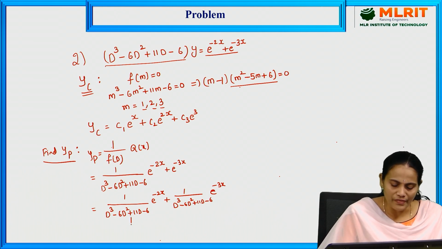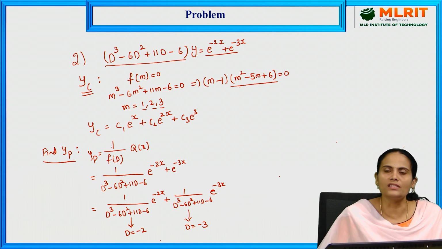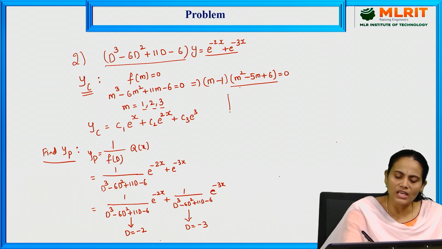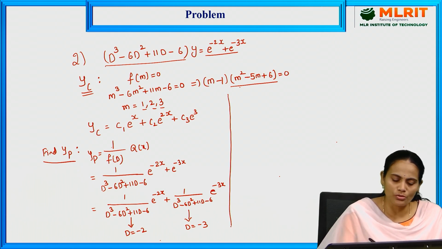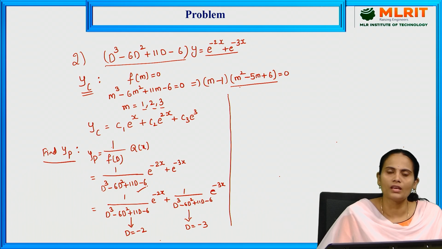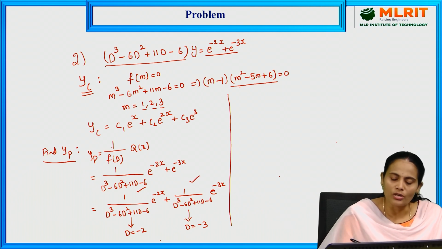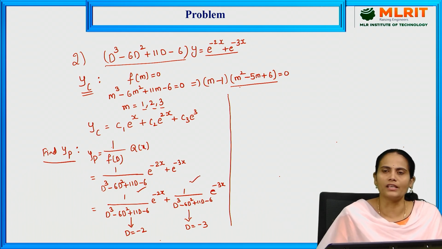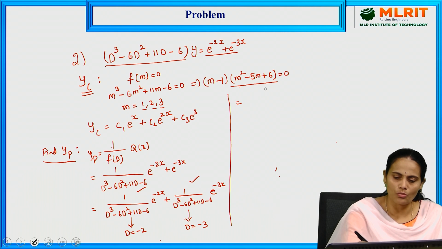In the first term, the substitution of D is minus 2. In the second term, the substitution of D is minus 3.